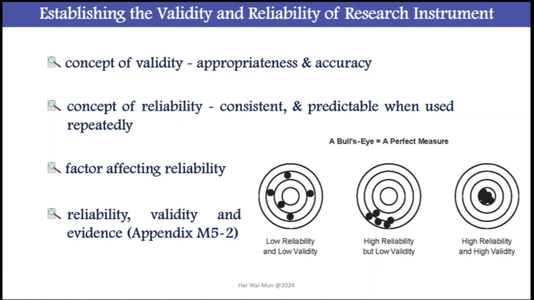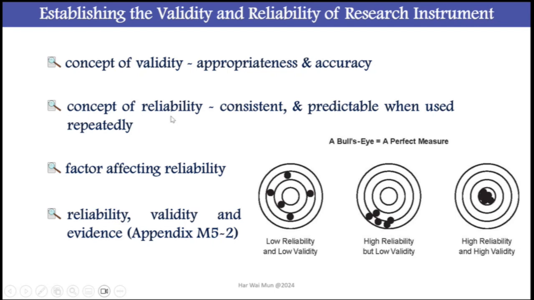So validity means accuracy. Take shooting, like in the Olympics nowadays, which has become sensational news. Shooting the middle, the bullseye, is perfect and the most accurate. So if your question or variable hits the middle, it is valid and accurate.